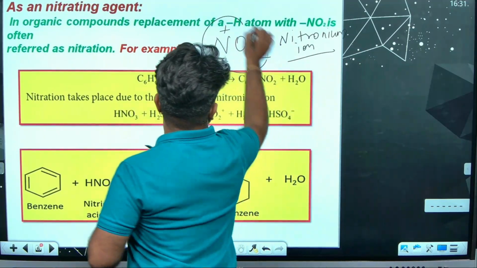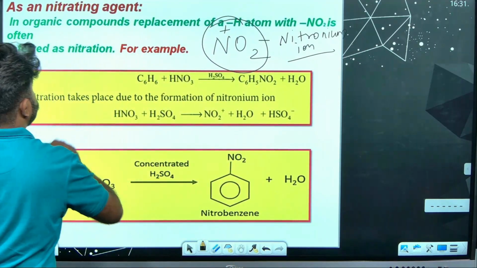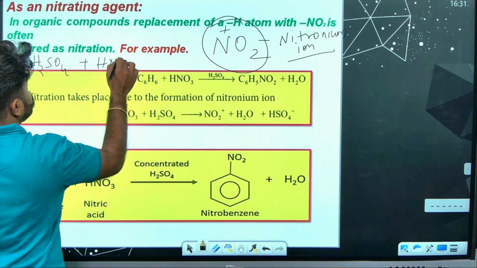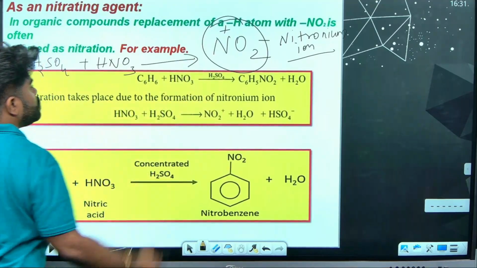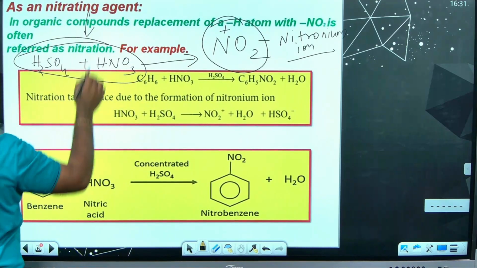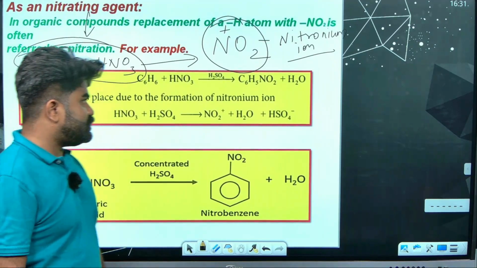So the nitronium ion வேணும்னா நம்ம என்ன பண்ணணும், we have to take an equimolar mixture of H2SO4 and HNO3. This gives nitronium ion. அப்போ இந்த mixture பேர் தான் என்ன nitrating mixture or nitrating agent.